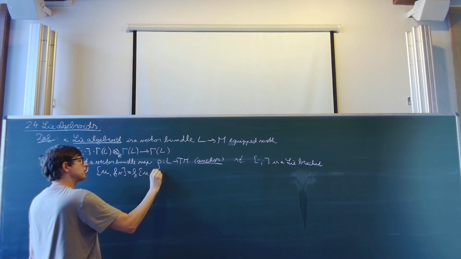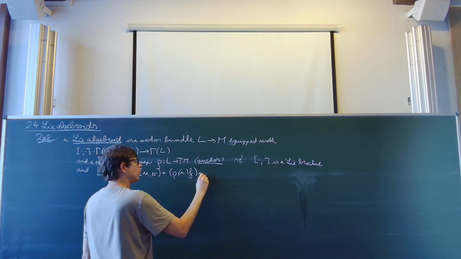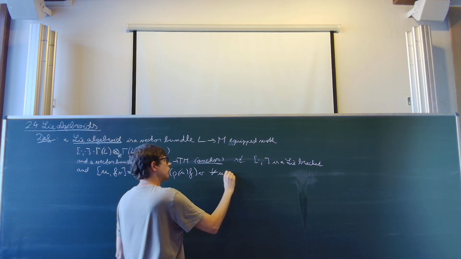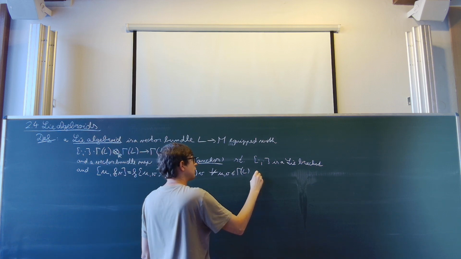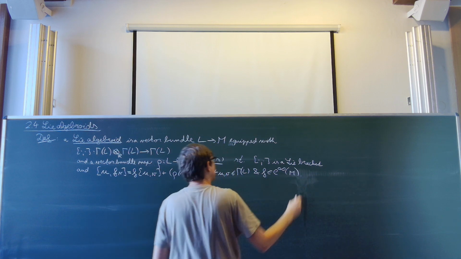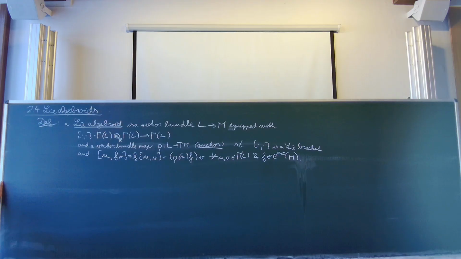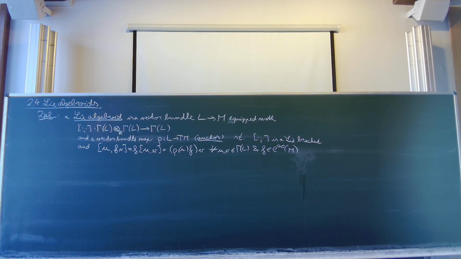Then you want this, for all u, v sections of L and f a smooth function. So it's kind of like an easier cousin to Courant. The bracket is anti-symmetric, that's kind of the point here.